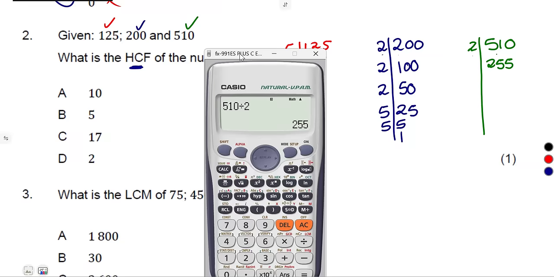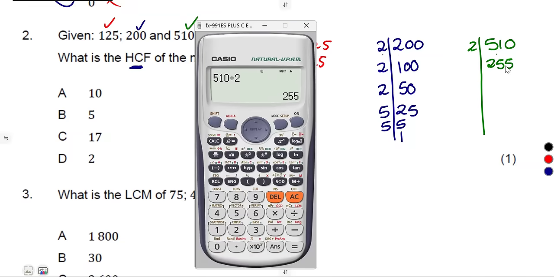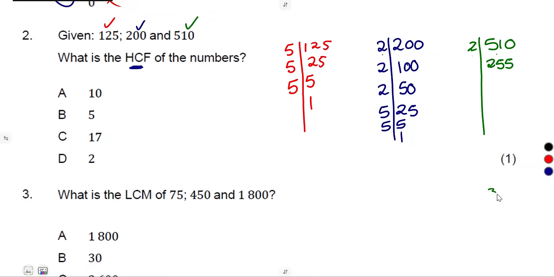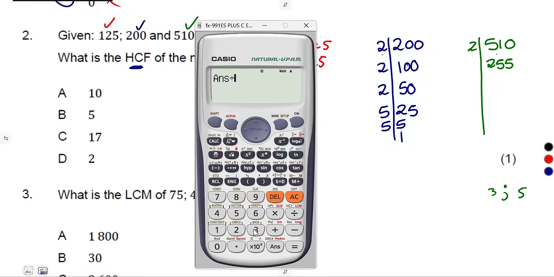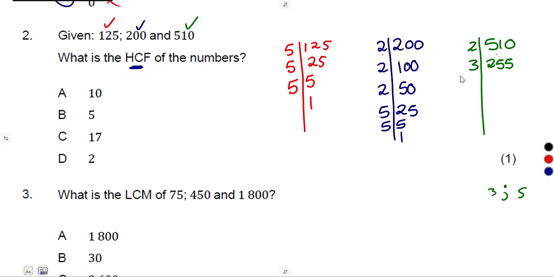So 255, because there is a 5 at the end, we can try 3 before 5. Let's try dividing by 3. As you can see, you're going to have a whole number. So we are going to use 3. 255 divided by 3 is 85.